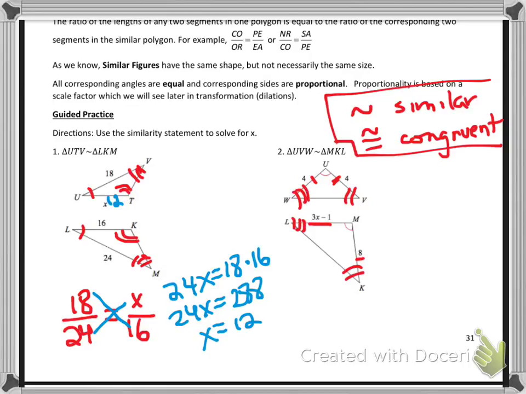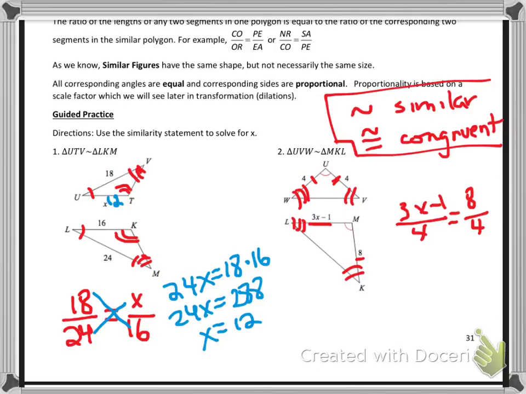Okay, so 3x minus 1 is the side between the single angle and the triple angle. So that's, not congruent, I'm sorry, proportional to the side UW, which is 4. The side MK is 8, and it's proportional to the side UV, which is 4. Now we see that we have two fractions just like before, and we could cross multiply just like before.